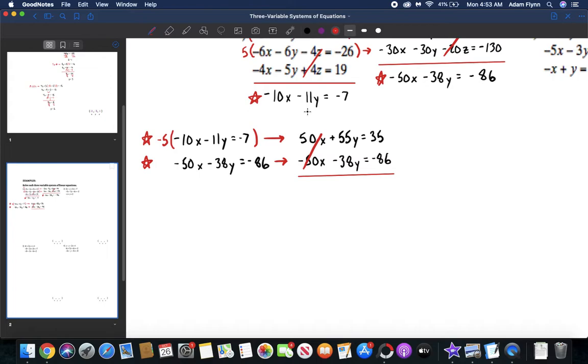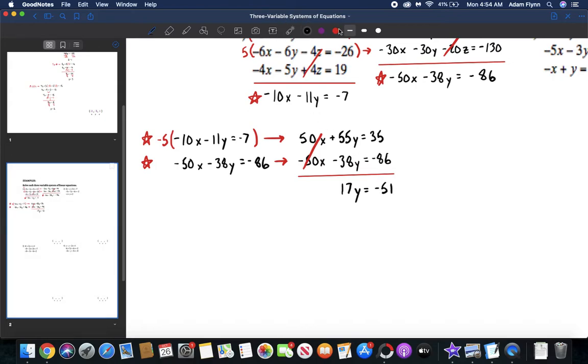I have 55 minus 38, which is going to be a positive 17y, equals 35 minus 86, which is going to be negative 51.